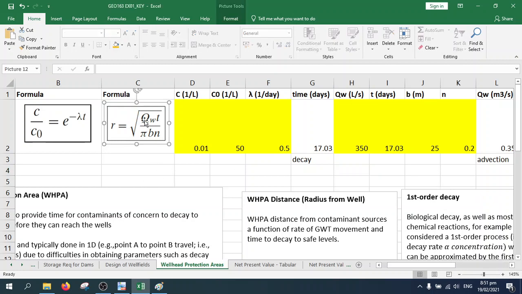So we use the well continuity equation, wherein r, or radius, is equal to the square root of your pumping rate times time, divided by pi, b, the thickness of your aquifer, and n, your effective porosity.